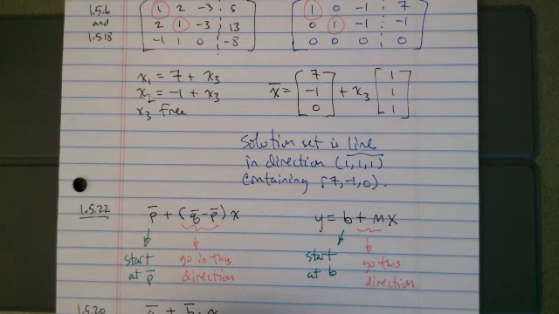Start at A, and then go in this direction. So 3, -2 plus x times -7, 6 is what it would look like as vectors.